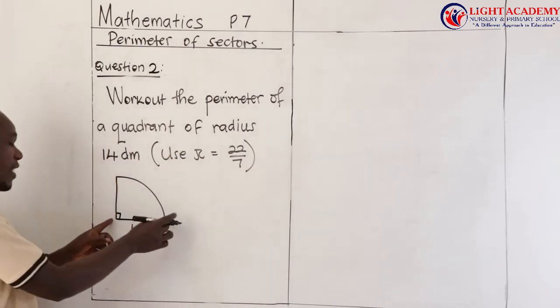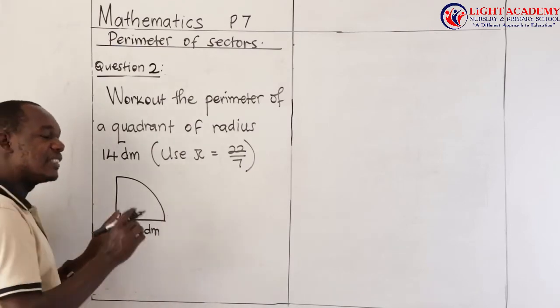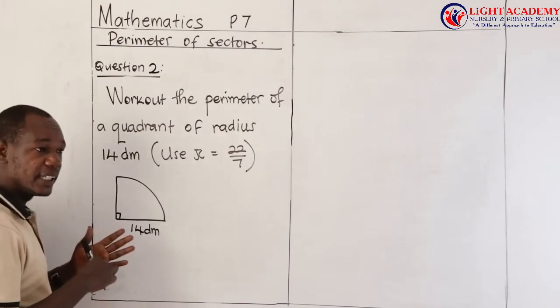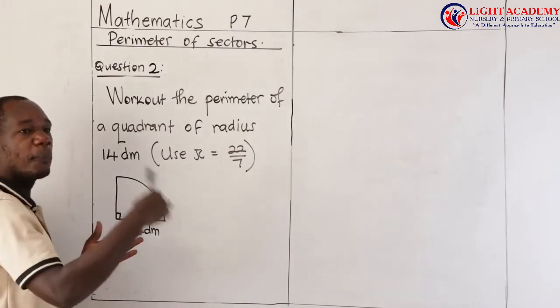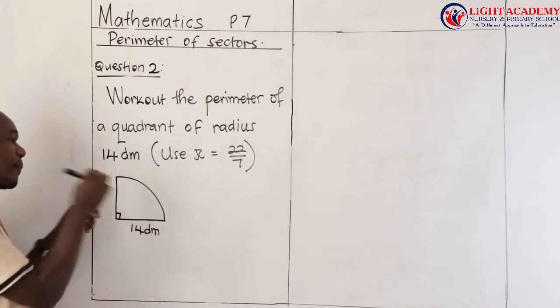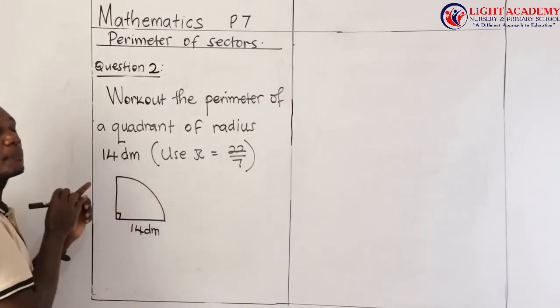Because we have been given the radius, if it was a full circle, its circumference would be 2 pi r. But now, since it is a quadrant, I must first get the circumference of this part.